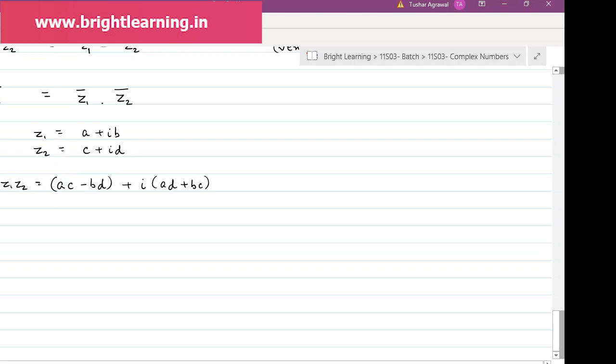So LHS is equal to Z1 Z2, its complete conjugate. Can I say my LHS will have the real part as it is? Do not disturb. And the imaginary part, you take the additive inverse, so negative I times AD plus BC, correct?